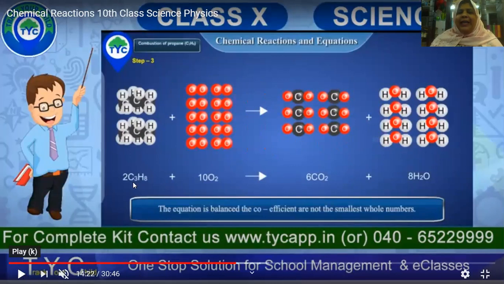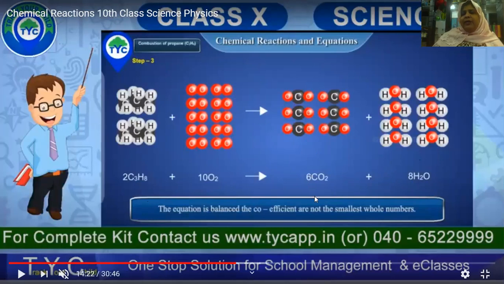So we are taking gases, propane gas and oxygen gas, in the reactants, and in the products we are getting carbon dioxide in the form of a gas and liquid water. So the gaseous state in the chemical reaction gave rise to gases and water in a liquid and a gaseous form. The equation is balanced, but the coefficients are not the smallest whole numbers.